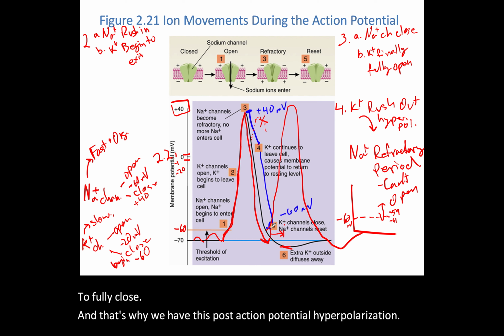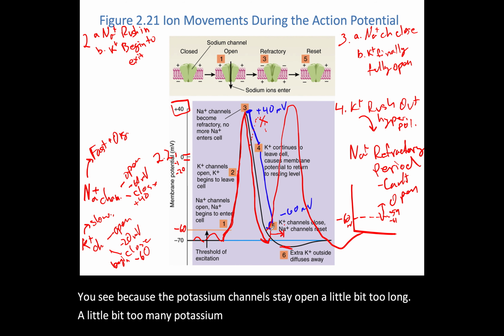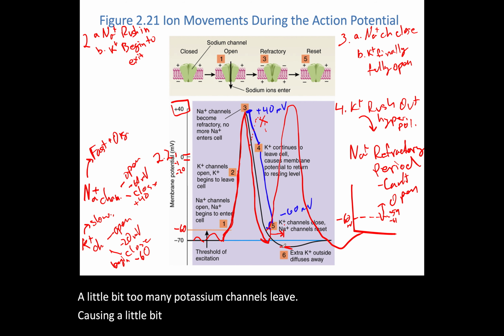And that's why we have this post-action potential hyperpolarization. You see, because the potassium channels stay open a little bit too long, a little bit too many potassium channels leave, causing a little bit more negativity than we actually need, which is rest.